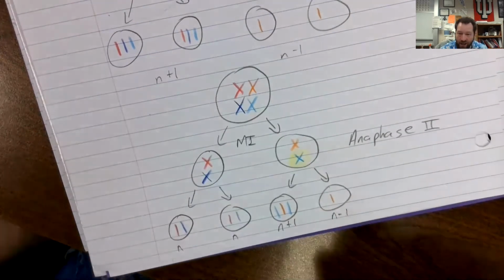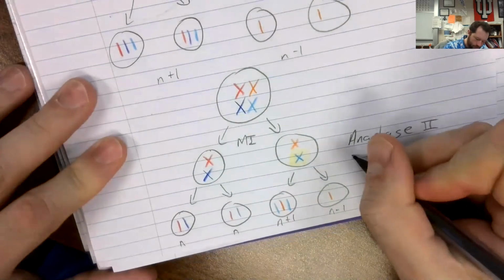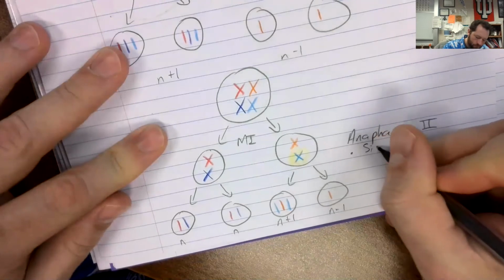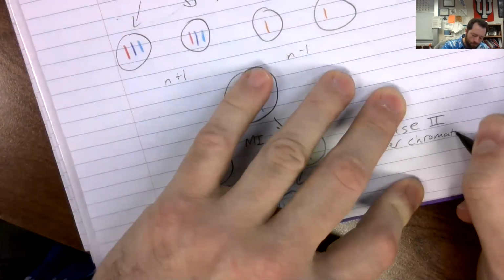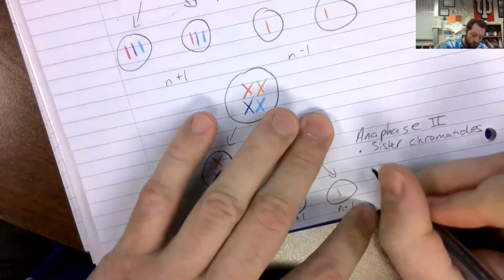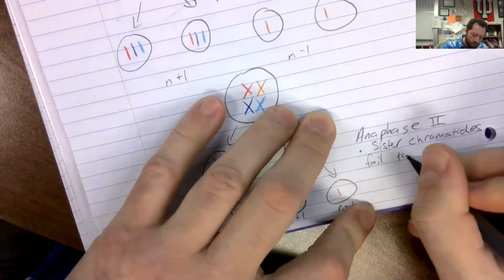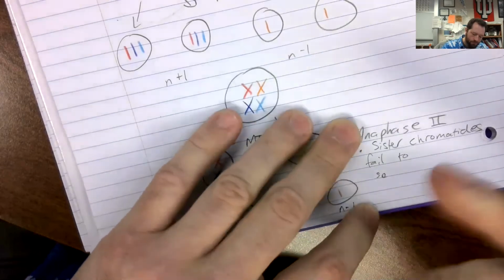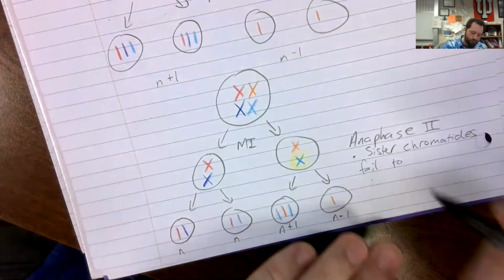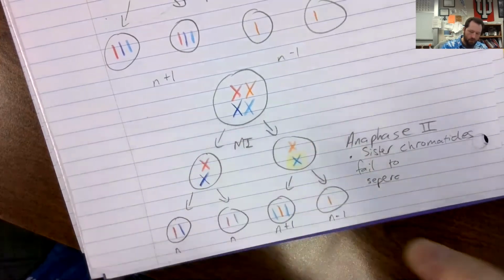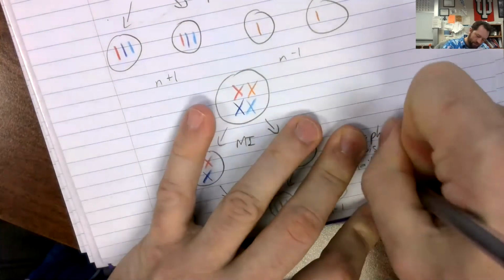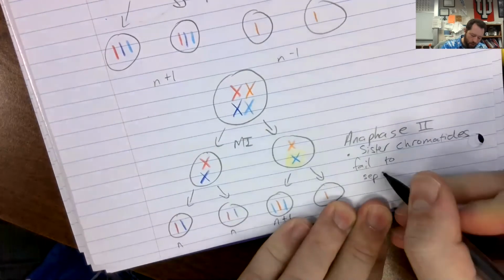So during anaphase 2, sister chromatids fail to separate. Man, there's that E in separate again. I have got to fix that. All right, separate.